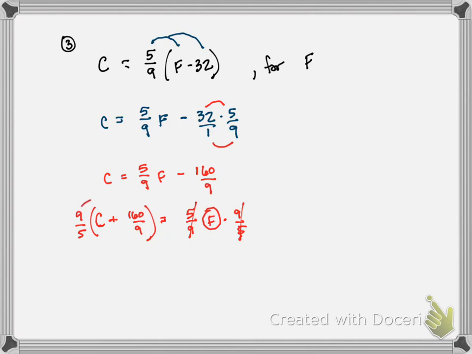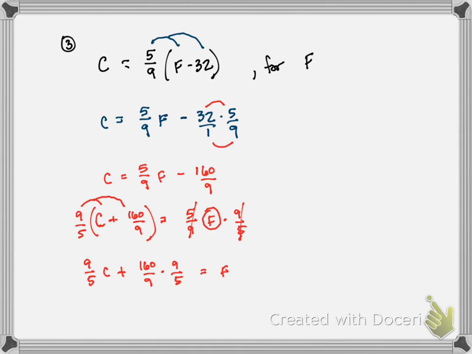And I'm just going to go ahead and distribute this 9 over 5 because I want to make a point. 9 over 5 times c plus 160 over 9 times 9 over 5 is equal to f.